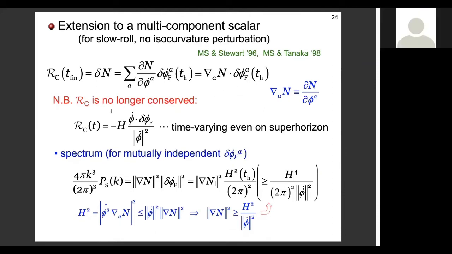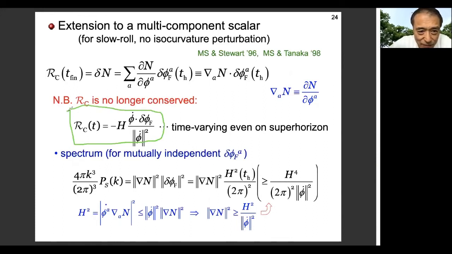Oh yeah, by the way, I forgot to mention a very important point. As I wrote here, the curvature perturbation on the comoving slice is, as I said, conserved in the case of single field slow-roll inflation, but it will not be conserved at all when there are multiple components.